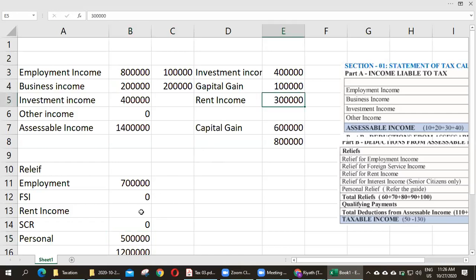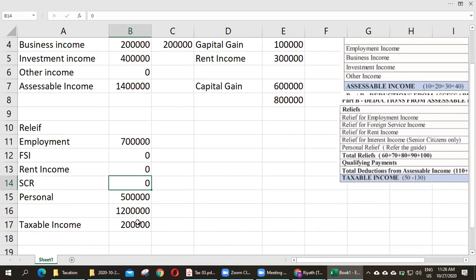Therefore, he is not liable to get relief for this income. Right? Zero. Now, then how much? Taxable income equals 200,000. Right?